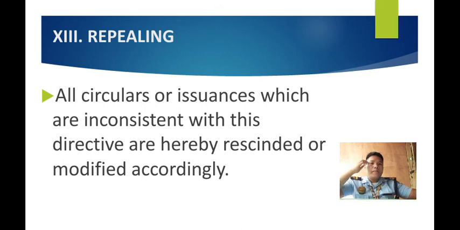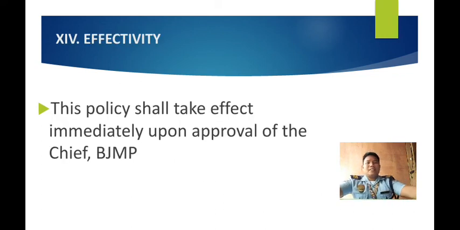Repealing clause: in BJMP administration, the standard operating procedure is that all circulars or issuances which are inconsistent with this directive are hereby rescinded or modified accordingly. Then last, effectivity. This policy shall take effect immediately upon approval of the Chief, BJMP. So it needs the approval of the Chief, BJMP to implement this standard operating procedure in BJMP administration.